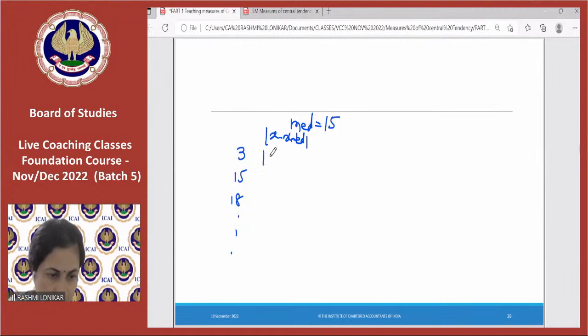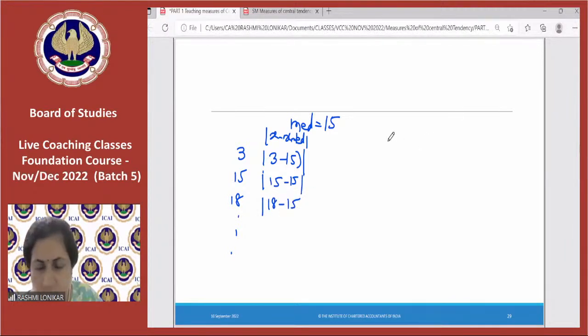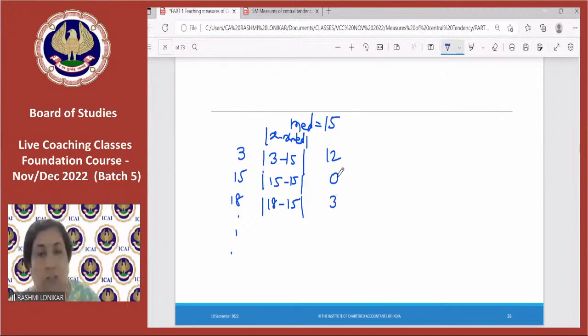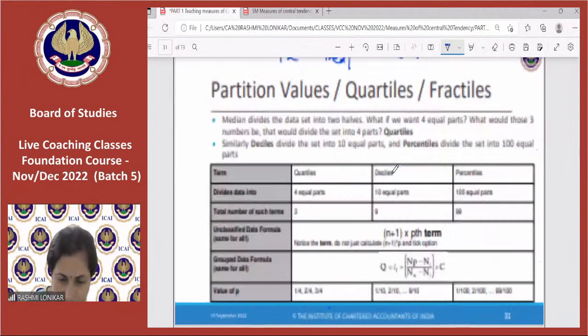Here I will take 3 minus 15, here 15 minus 15, and here 18 minus 15. So 3 minus 15 actually is minus 12, but because it is in the mod sign, I will take 12. Then this will be 0 and then this will be 3. So this is what is meant by absolute deviations here.